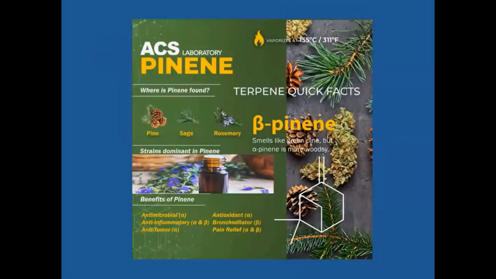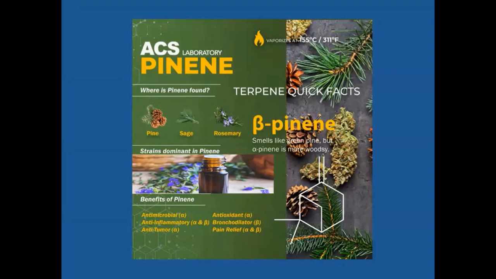For the American Chemical Society laboratory, looking at pinene, it has a melting point of 311 degrees Fahrenheit, and it's found in other things as well, rosemary, sage, and pine, and has kind of a green piney smell. Alpha pinene is more woodsy smelling. And the benefits of pinene, both alpha and beta pinene have benefits.